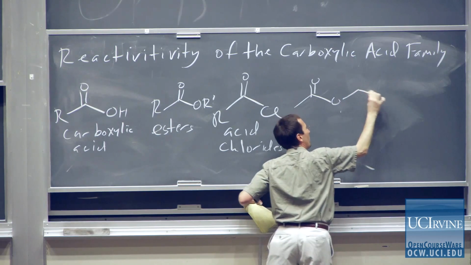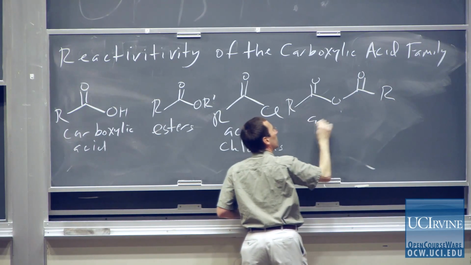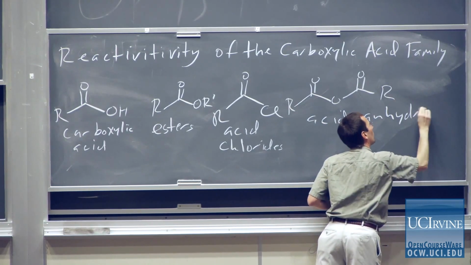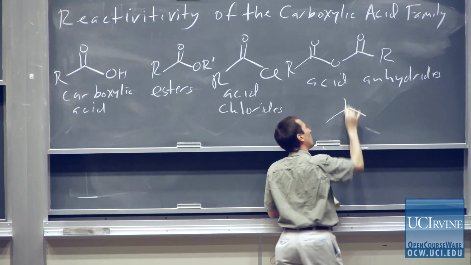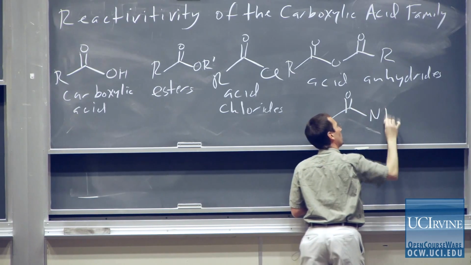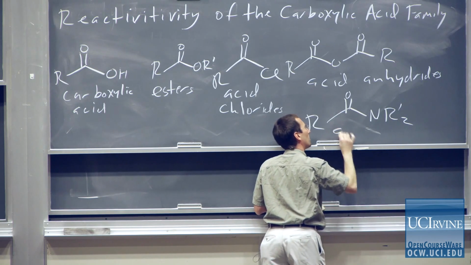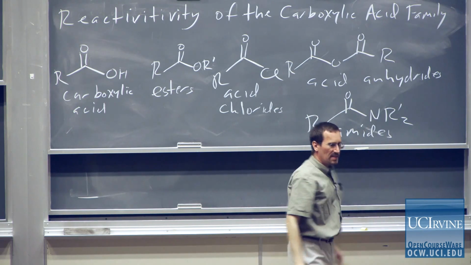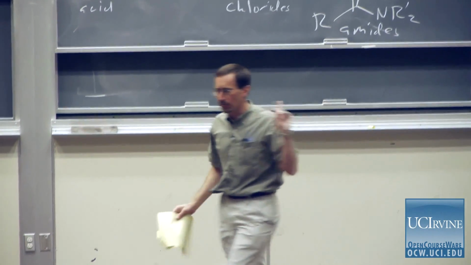I'll include in the family acid anhydrides, and maybe to wrap up the main members of the family, I'll talk about amides. But before we discuss their reactions with organometallic reagents, I saw several questions.